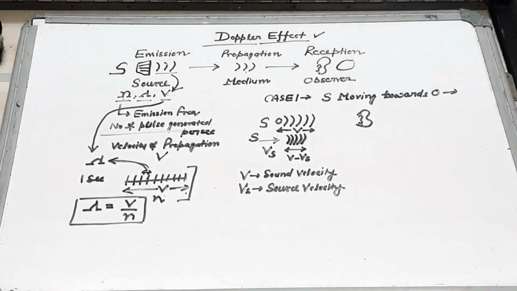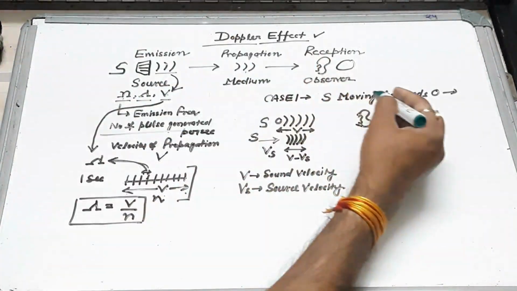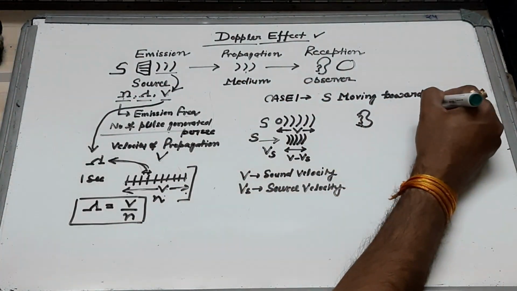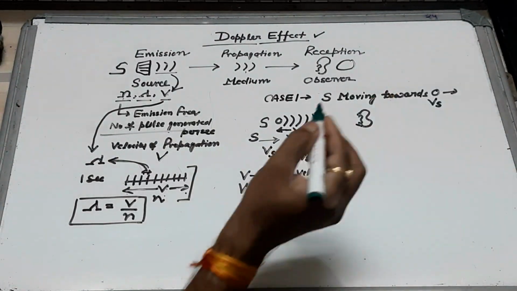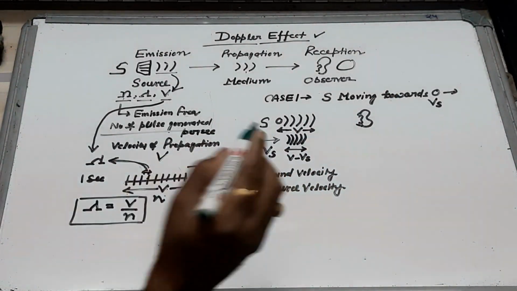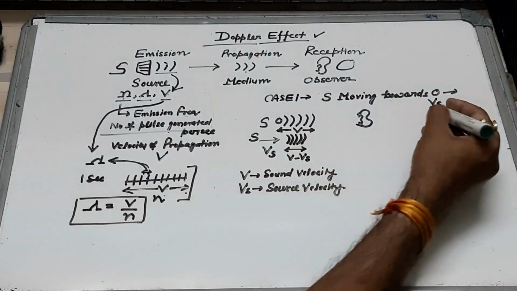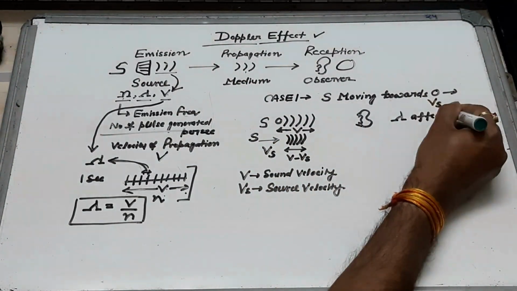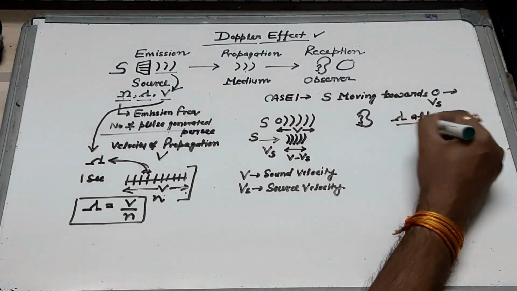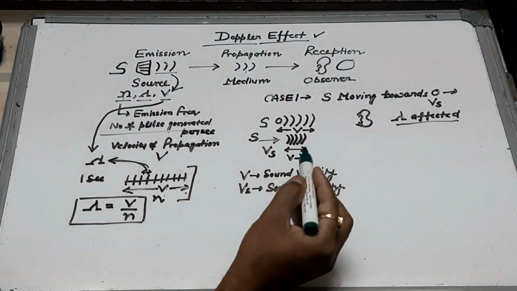Now case first. Suppose the source is moving towards the observer with velocity vs. In that case, the parameter of the emitted wave that will be affected is lambda. How is lambda affected? Let us see.